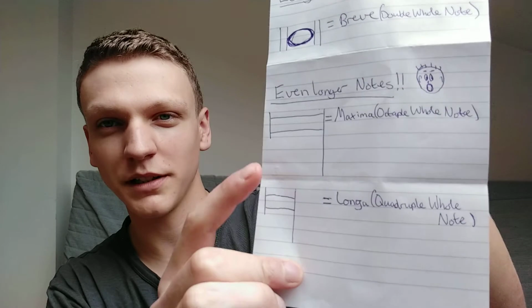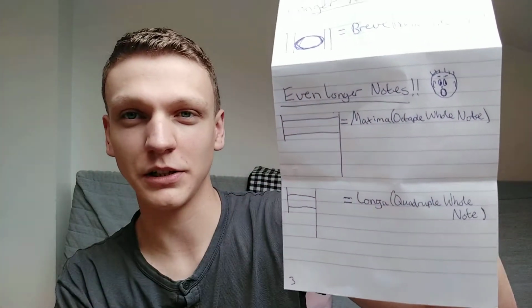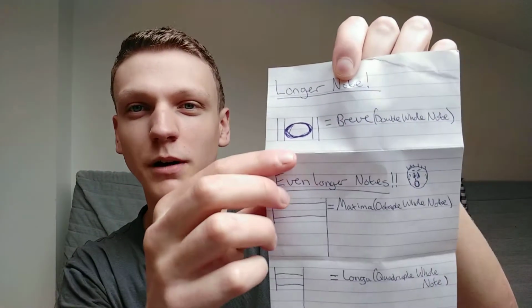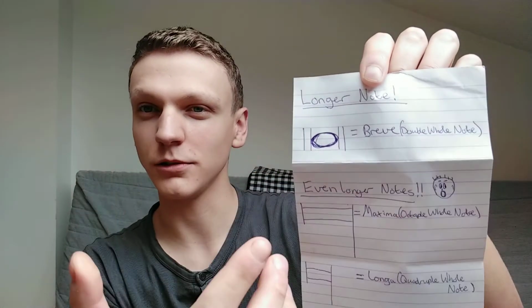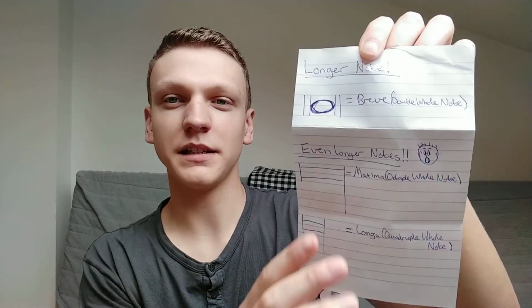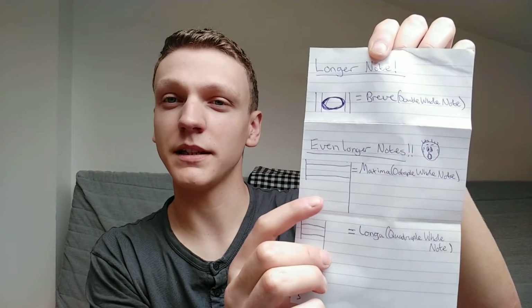They're not used in modern day music, but I've touched on them because it explains why we call it a breve. Why is it called short? So these were in this type of music. It was a form of written music called mensural. Now, mensural is kind of a Latin word for measurable.